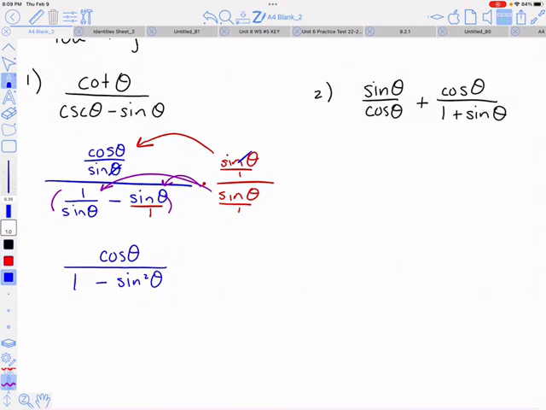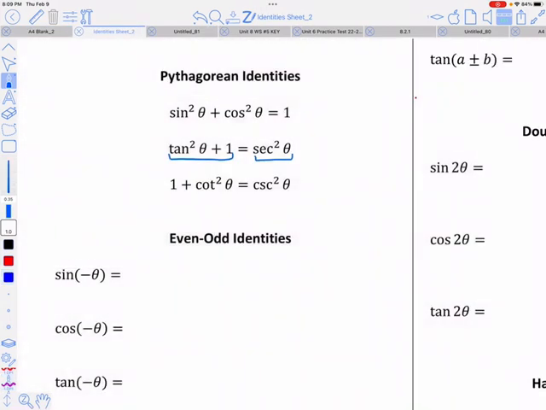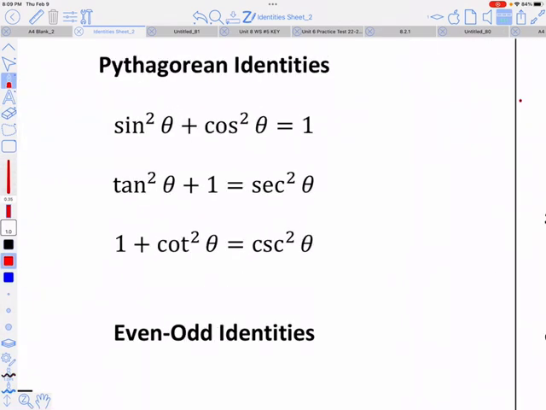So I don't see 1 minus sine squared in any of my Pythagorean identities, but I do see that my first identity has sine squared in it. And I could either just solve for sine squared and replace the sine squared, or I could look for ways that I could get 1 minus sine squared. So I see that if I were to subtract sine squared, then I would get this version of the identity that says that 1 minus sine squared is equal to cosine squared.